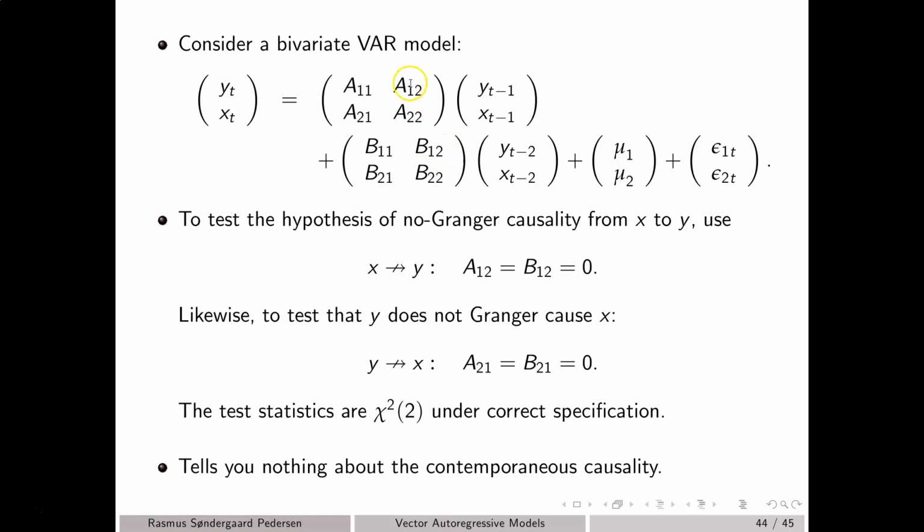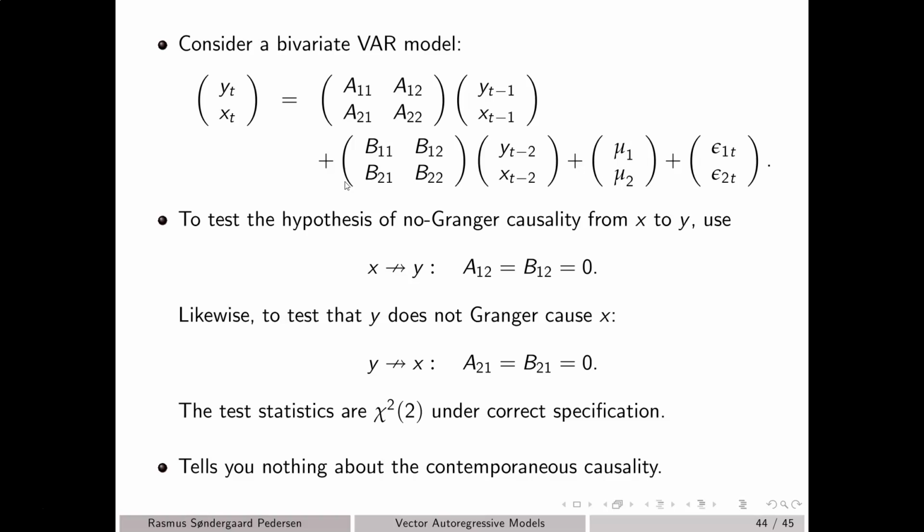If these two coefficients are equal to 0, then we cannot use xt to predict future values of the y variable. Likewise, we can test whether y does not Granger cause x by testing whether these two VAR matrices are upper triangular, namely by testing if a21 and b21 are equal to 0.